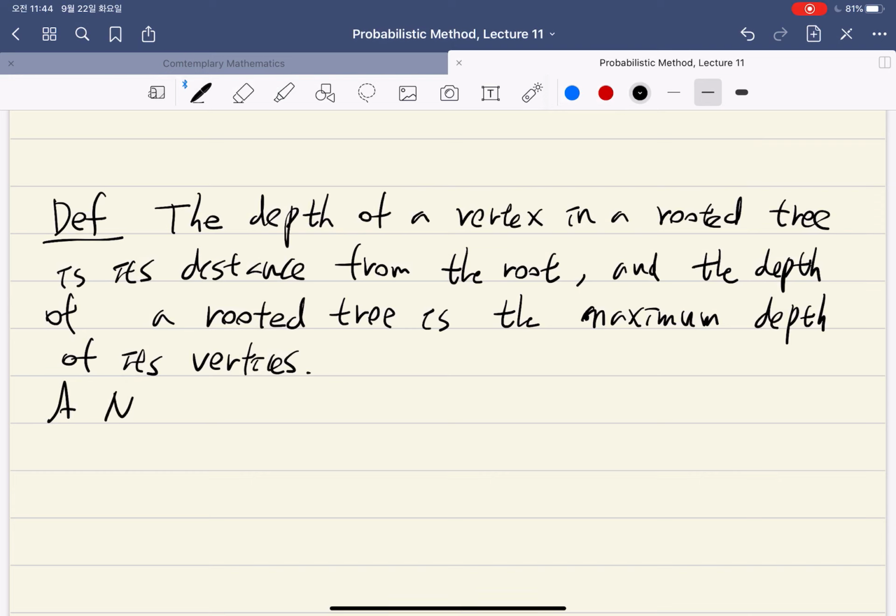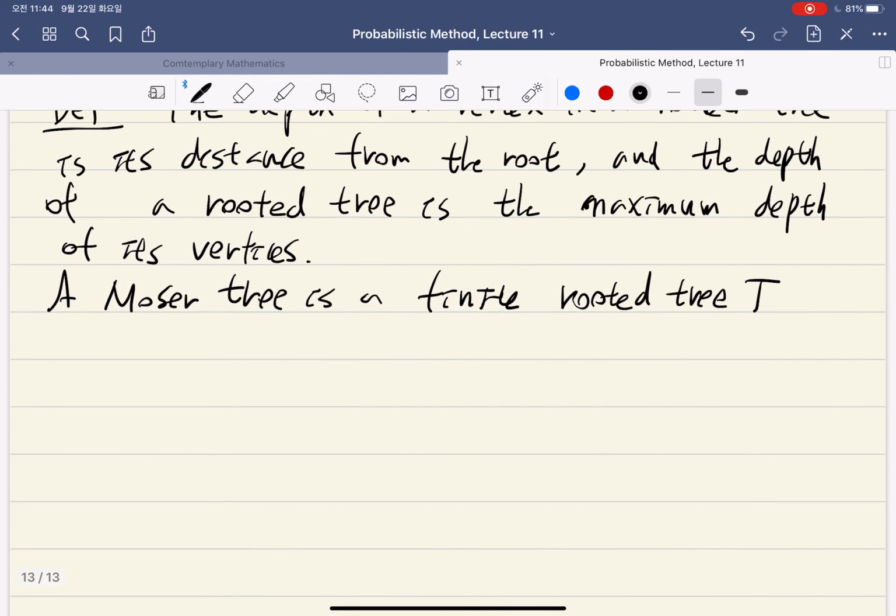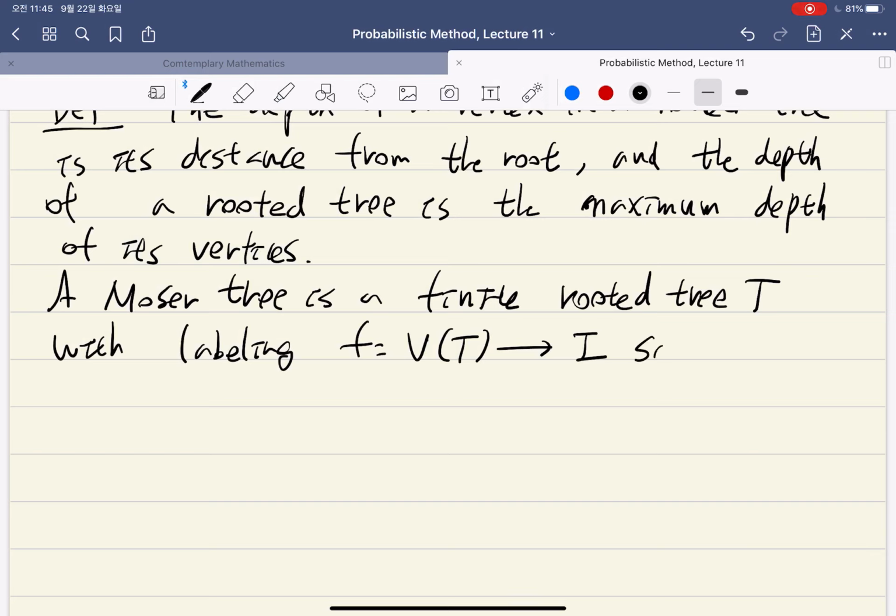And a model tree is a finite rooted tree T equipped with a labeling, satisfying the following.